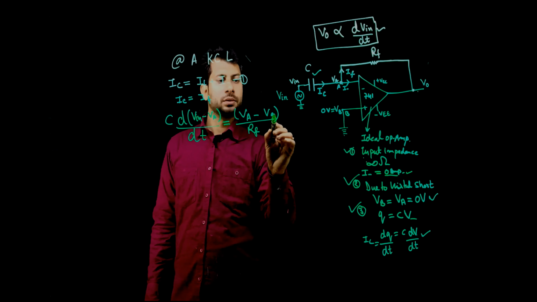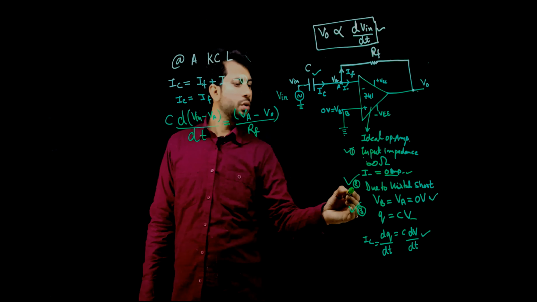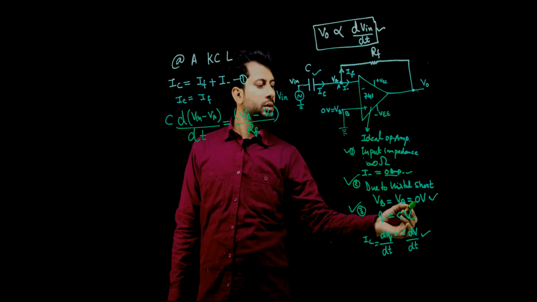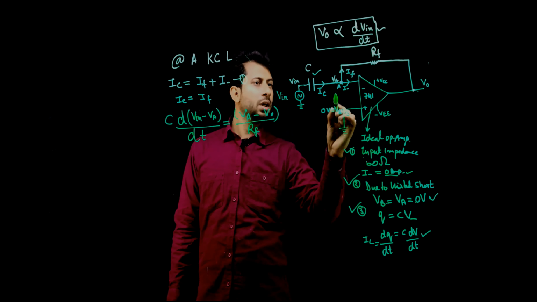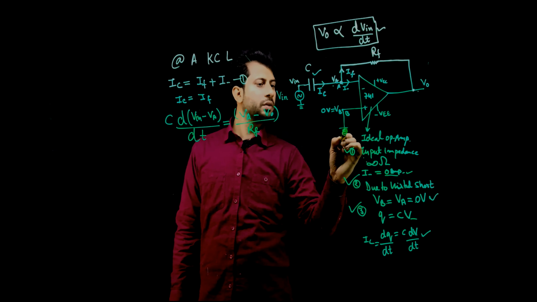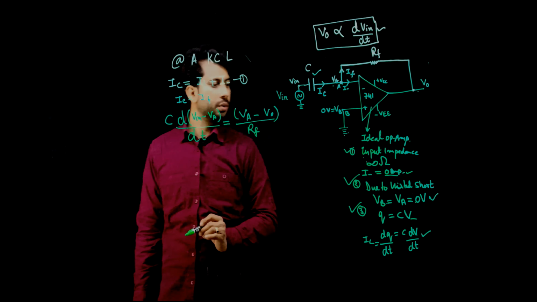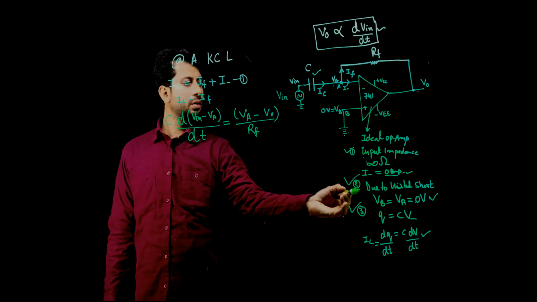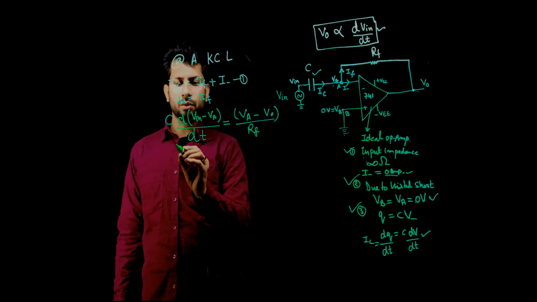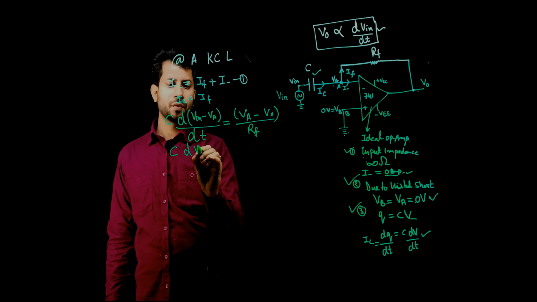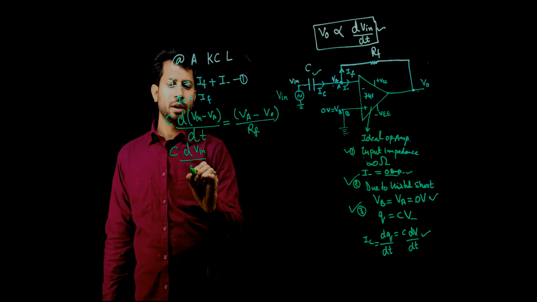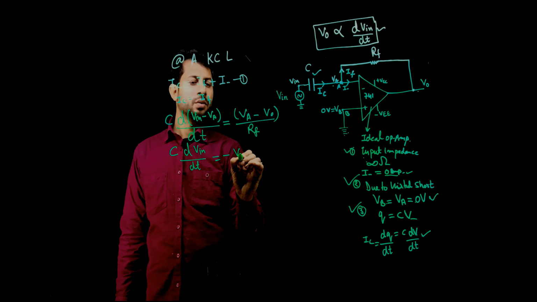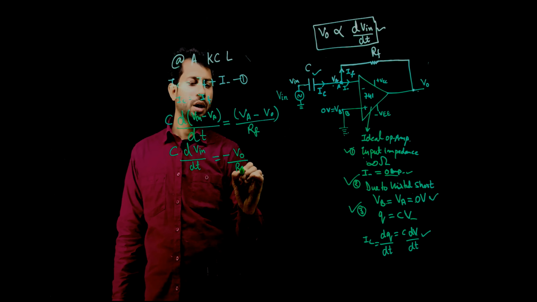By putting Va equal to 0, using this virtual short concept, these two nodes Vb and Va having the same potential, which is ground, due to the virtual ground concept, and replacing Va equal to 0, C dVin/dt equal to minus V naught upon Rf.